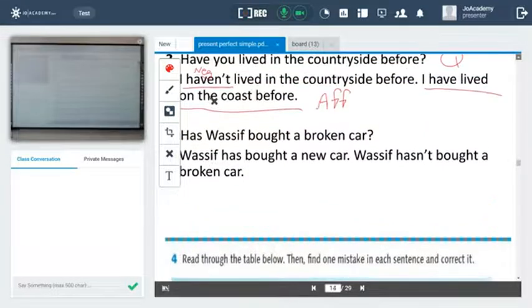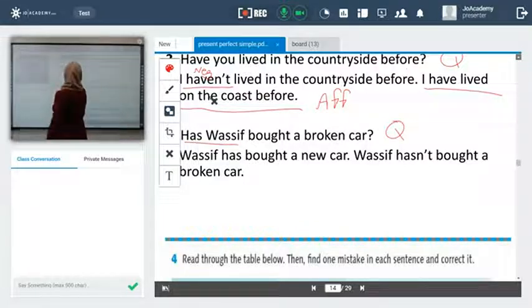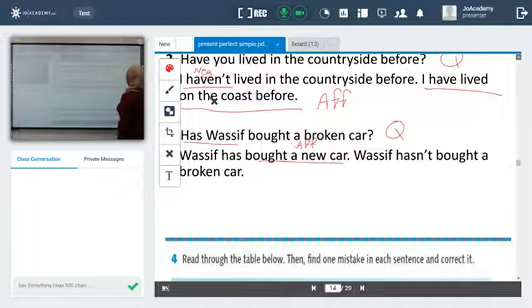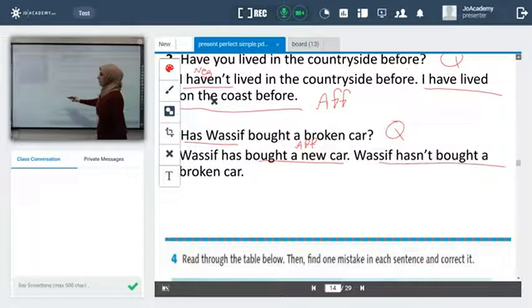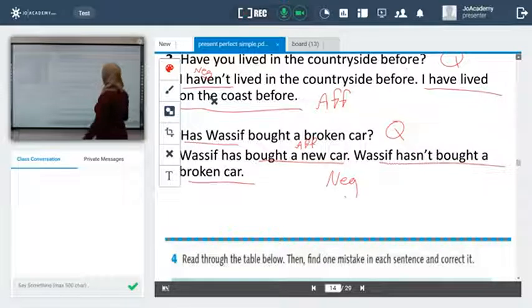So, the question is, has Wasif bought a broken car? This is the question. Wasif has bought a new car. It is an affirmative sentence. Wasif hasn't bought a broken car. This is the negative statement or sentence.